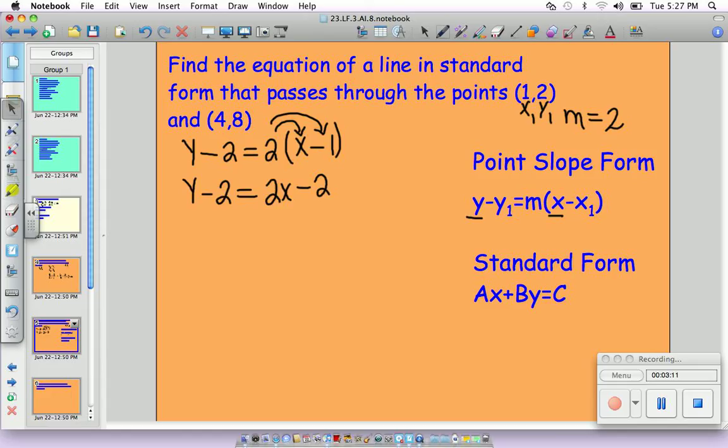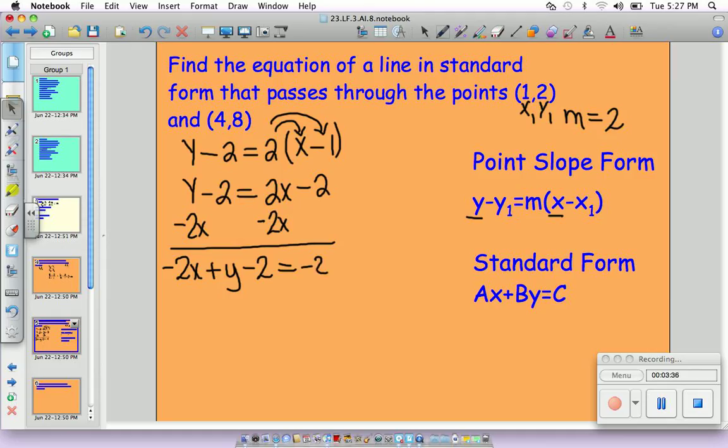So the first thing I'm going to do is subtract 2x from each side. Now there's nothing on the left hand side that 2x can combine with. So I'll have negative 2x plus y minus 2 equals negative 2.